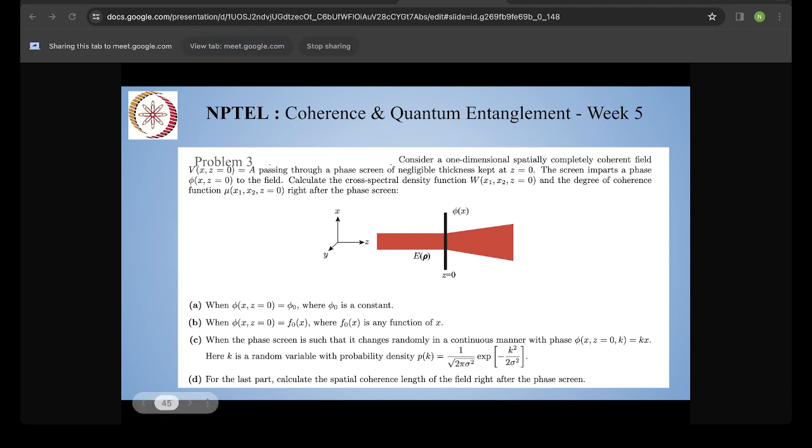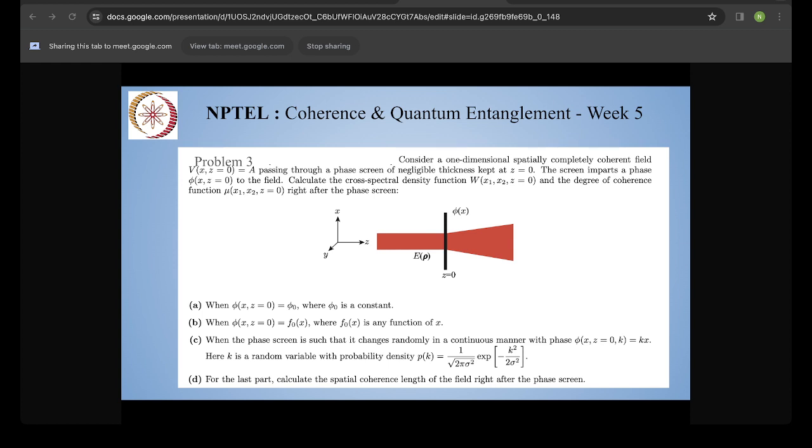Now the second case, where phi is now phi0(x), that means it is a function of x. What you will learn from this problem is that based on different phases, you can actually have different cross spectral density and degree of coherence function.